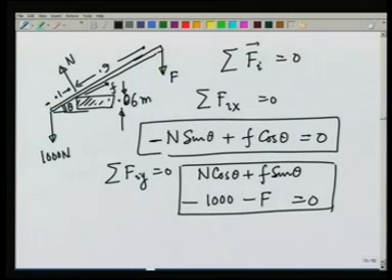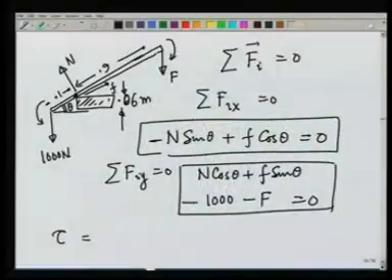How about the torque? For the torque, let us choose a convenient point, because it does not matter which point I choose. Let us choose the support right here as the point about which I will take the torque. Then you can see that this F has a tendency to rotate the rod clockwise, and this has a tendency to rotate counterclockwise, and therefore, the two are working in opposite directions. The torque is all going to be, if we take this plane to be the xy plane, in the k or minus k direction, and therefore, I can just write the scalar numbers right away.